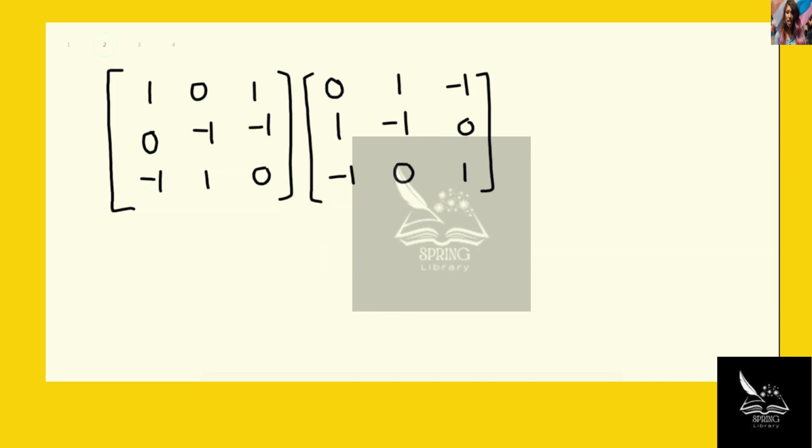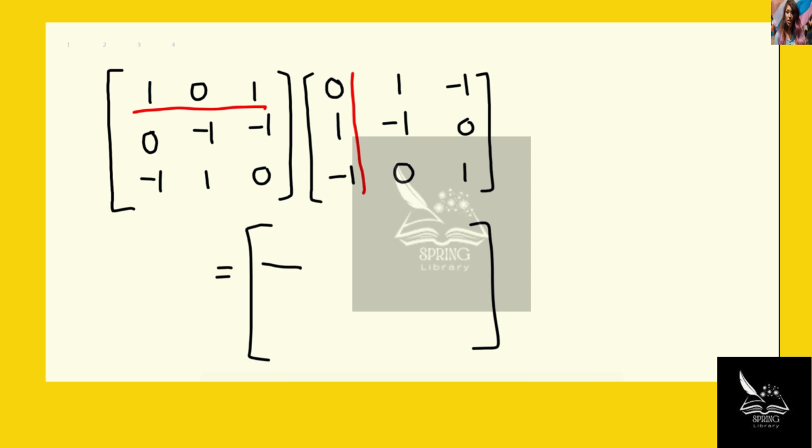So for part A, we're given two 3x3 matrices. So our product will be a 3x3 matrix. And so what we want to do is, to find the first row, first column element, we're going to take the first row of A and the first column of B, right?